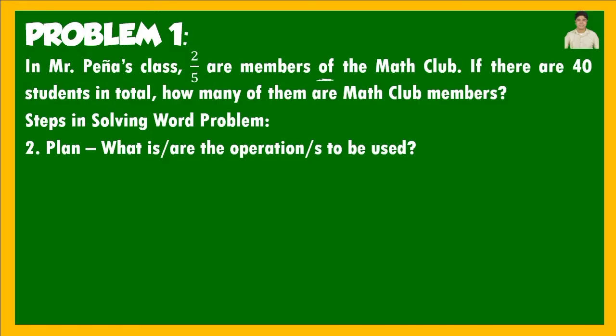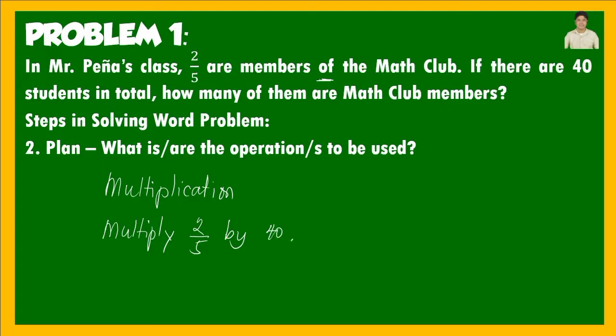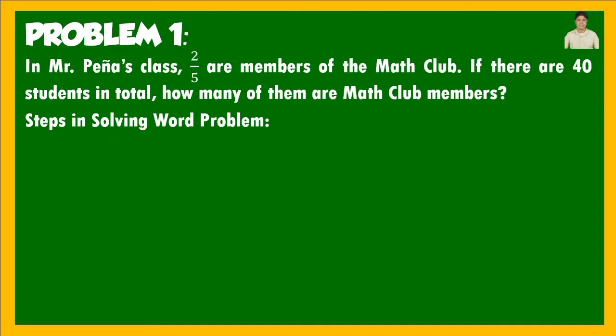So tatandaan natin, usually sa mathematics, kapag ang fraction, katabi niya is yung word na of, and then may another number or another expression, multiplication po ang ating operation. So paano ang gagawin natin dyan? So multiply 2/5 by 40 para malaman natin kung ilan yung math club members.